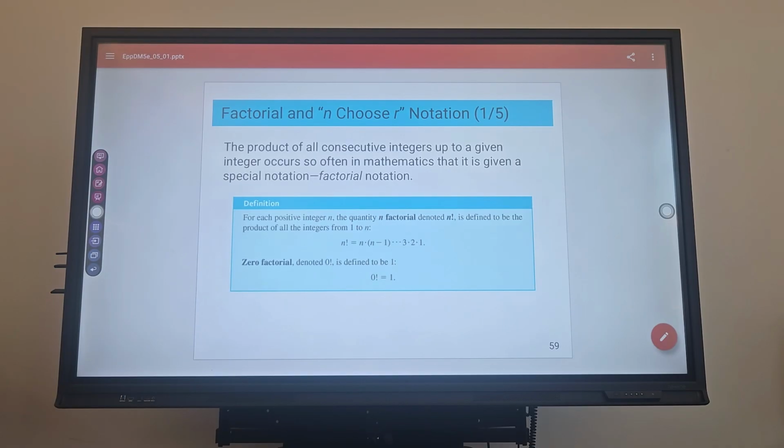It is n times n minus 1 times n minus 2, etc., down to 3 times 2 times 1. 0 factorial, denoted by 0 exclamation point, is defined to be 1.